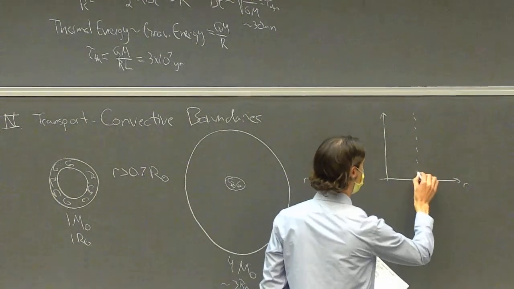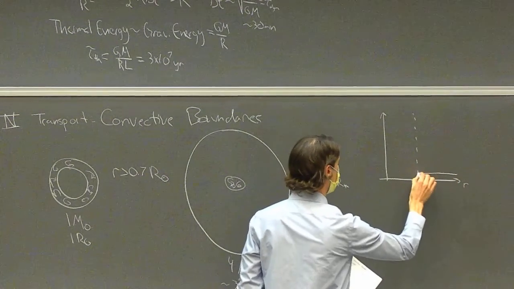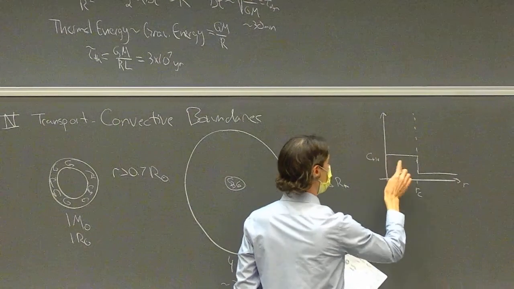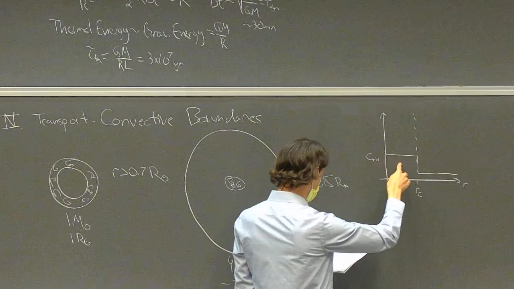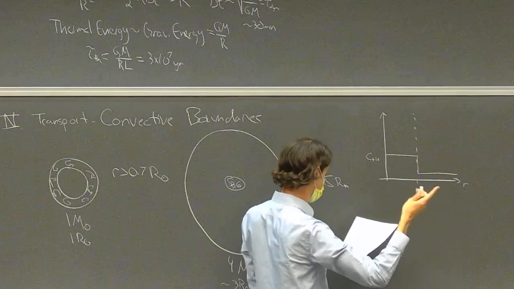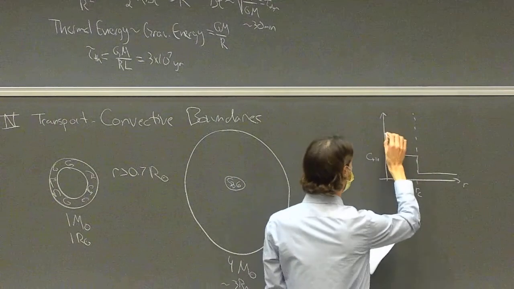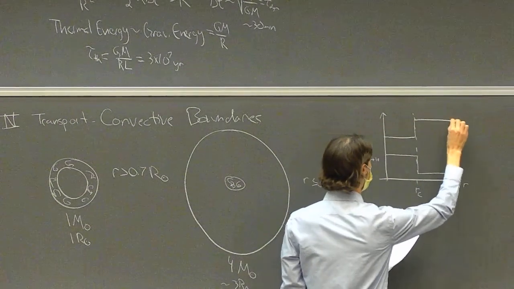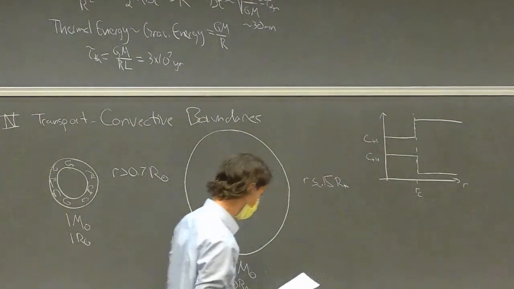That means that if you have some small level of helium outside of the core, you're going to have a larger amount of helium in the inner part, inside the core. But the total amount of material has to sum up to 1, so the concentrations of hydrogen and helium have to sum to 1. So that means that the hydrogen concentration looks like this. Okay, so this is CH.